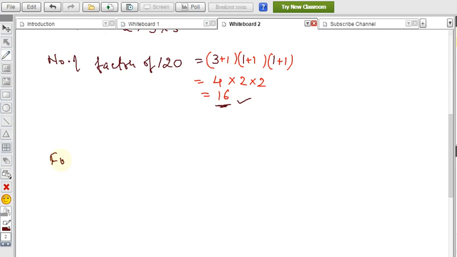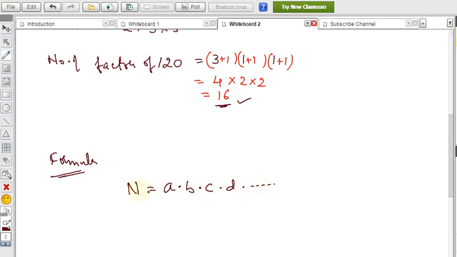Now I can make a formula for this. The formula is simple. If n is the number, we should write its prime factors. N is a number after making the product of prime factors. Let the prime numbers be a, b, c, d and so on.